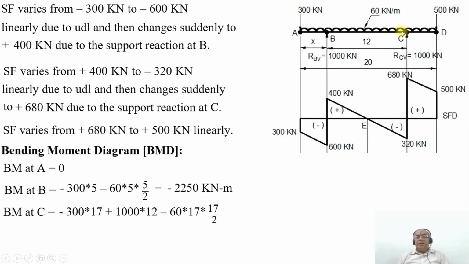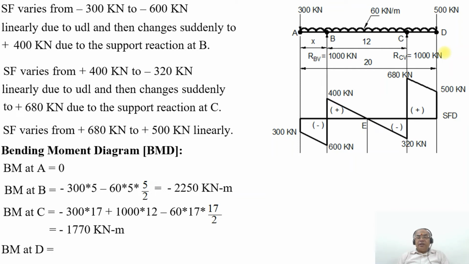Then you have the upward reaction, due to which the bending moment will be sagging, so it is positive: plus 1000 into 12. Then minus 60 into 17 into 17 by 2, that is because of the entire span. So that will be equal to minus 1770 kilonewton meter.